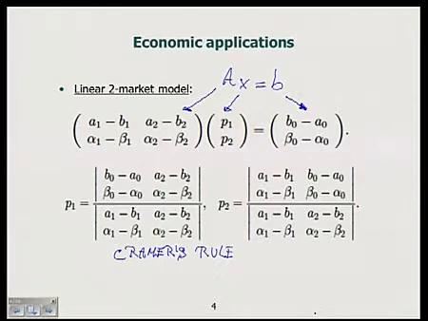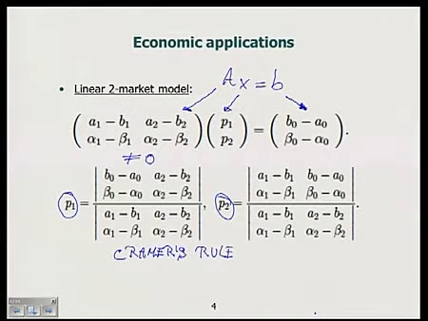Then we want something important. If we want to evaluate P1 and P2, the determinant of the matrix A with the elements A1 minus B1, A2 minus B2, alpha 1 minus beta 1 and alpha 2 minus beta 2 must not be 0, or different from 0. Then P1 is very easy to compute and P2 too.